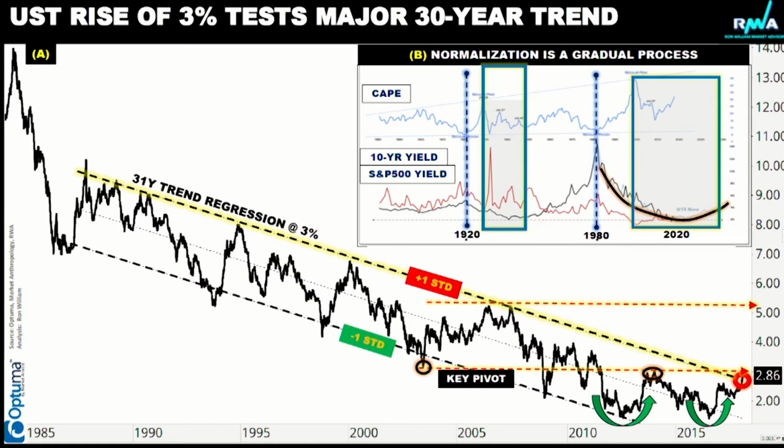Explain more about this. Clearly you've got a 31-year trend regression channel that you've drawn in here. So cycles is a big part of what I do, and this shows the very long-term bear cycle in yields, bull cycle in bonds, which most people have been aware of over its duration. We've had several times of actually testing the top side of this channel or regression line that I'm drawing in.